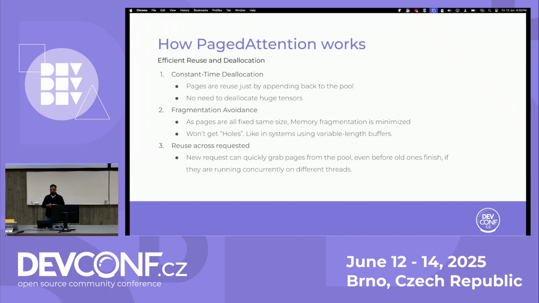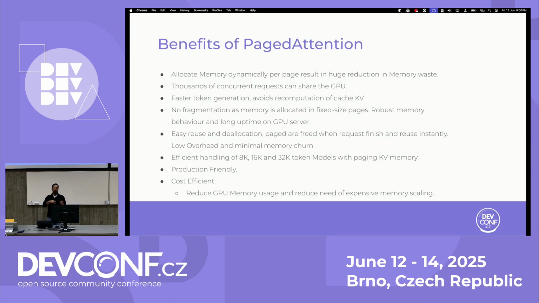Yeah. So in our LLMs, our memory frame is of 2048 bytes, but here, as all pages are the same size, we do not have any holes in the memory, and it helps to avoid fragmentation.